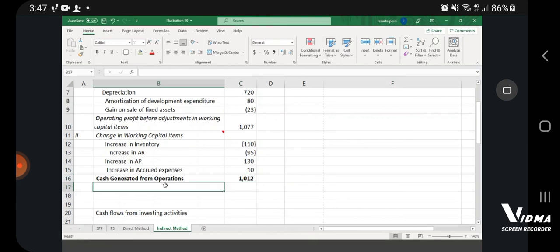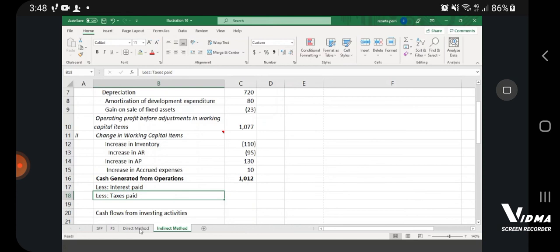Now, from this moment on, everything becomes very easy. I have to deduct, or I have to say here, less taxes paid. And then we have to say less interest paid. Actually, it should be the other way around, another order. We first subtract the interest because they are above the taxes in the income statement, and then we subtract the taxes.